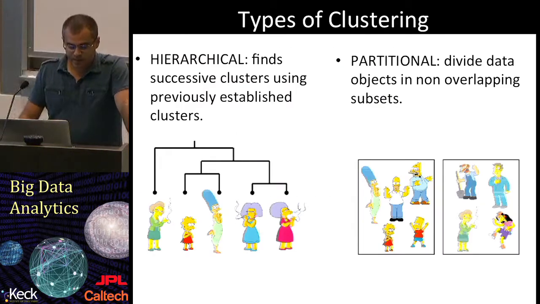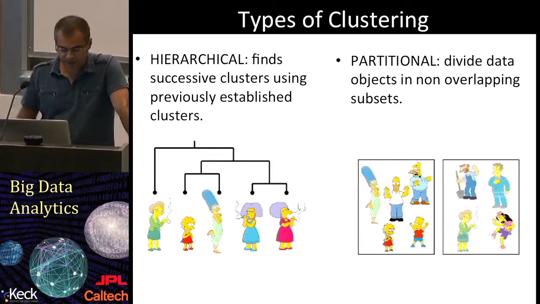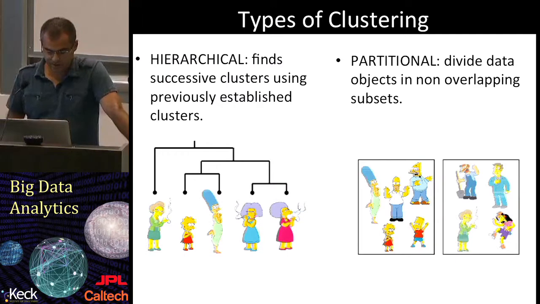Now, let's see how many different types of clustering there are. We can say that there are 4 main sets. Roughly speaking, in hierarchical clustering, we want to find successive clusters using previously established ones, while in partitional clustering, data samples are divided in non-overlapping clusters.